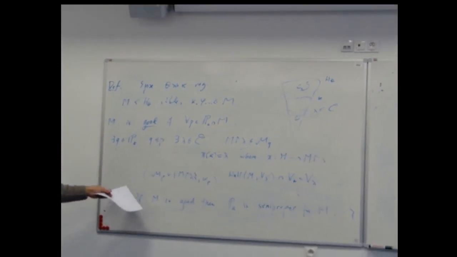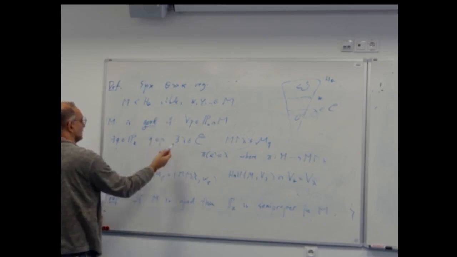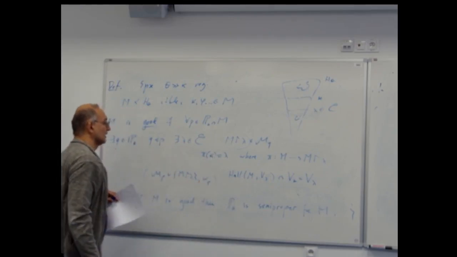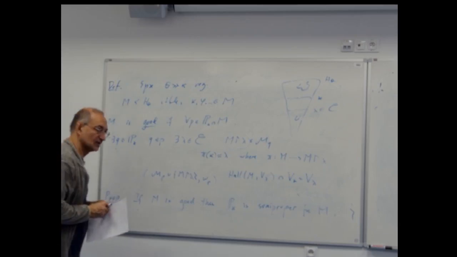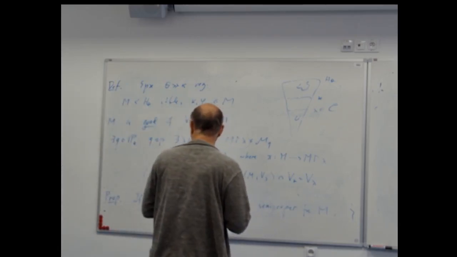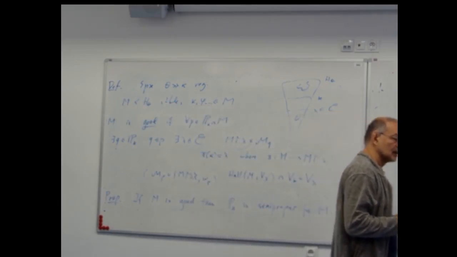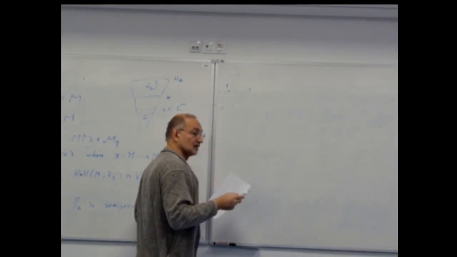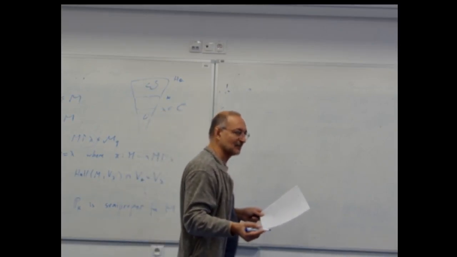Then I want to show that some Q such that M occurs is semi-generic for this. But this Q is in P kappa. I mean, it is in P gamma for some gamma, but also in P kappa.